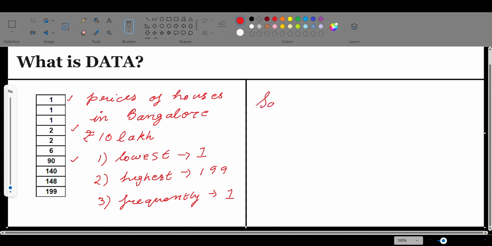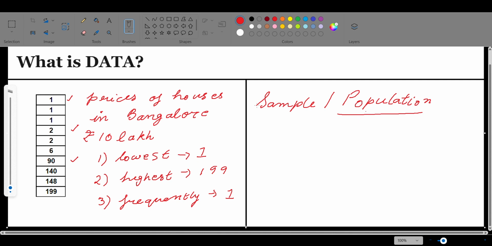There's sample data and there is population data. Now, what does this mean? What if I told you that you had to get data for every house that exists in the entire country of India? Would it be simple to do that?